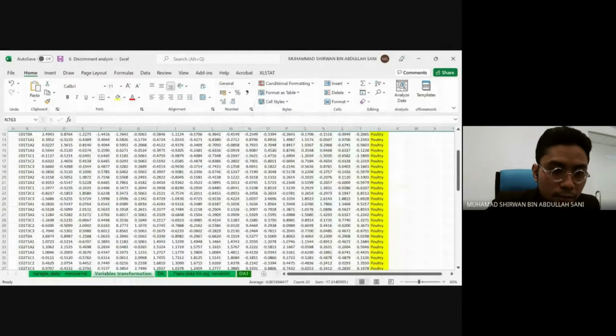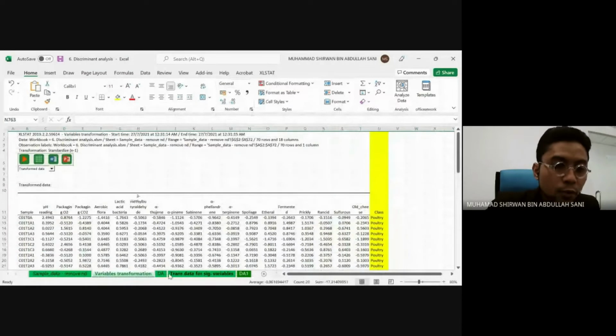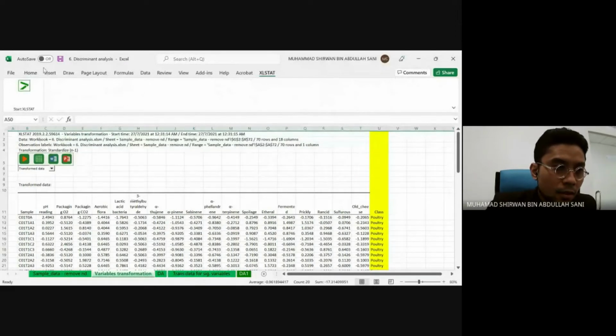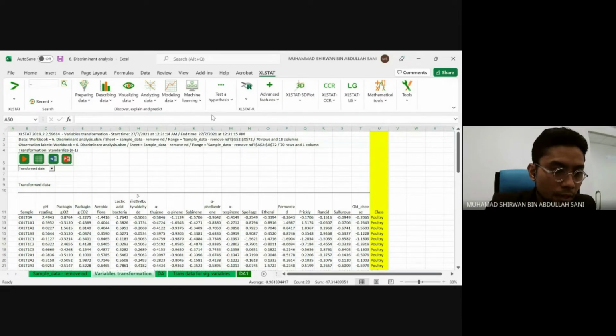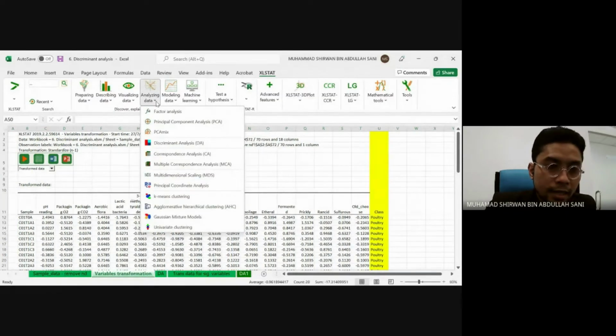Okay. Now, we have got this data. We want to create a discriminant analysis. Okay, go to the Excel step. Open up your XLSTAT icon. Okay, then go to analyzing data.